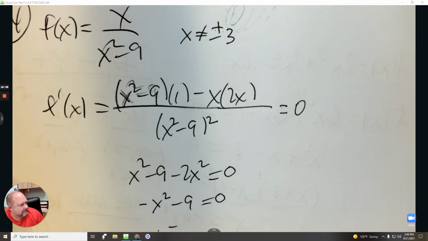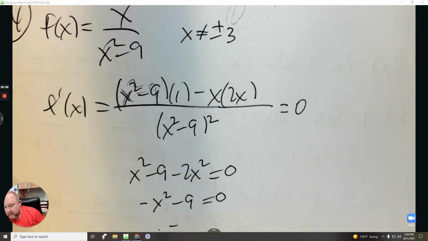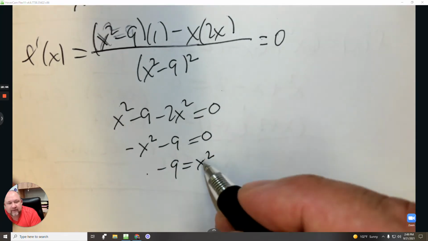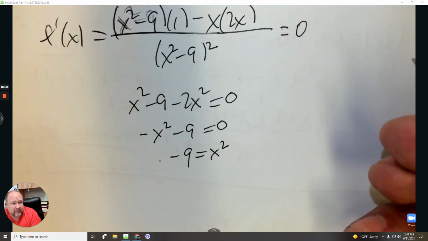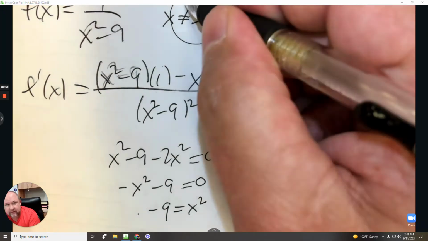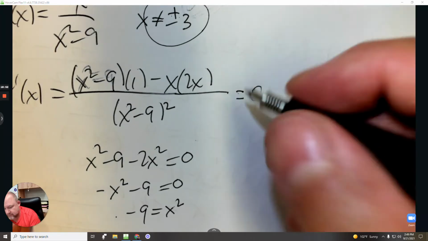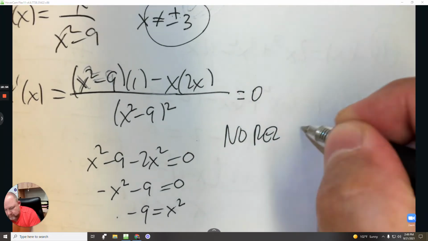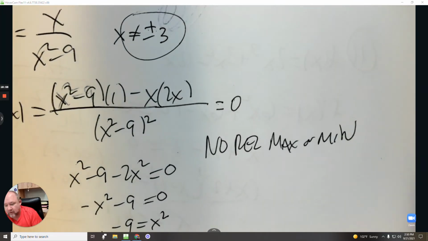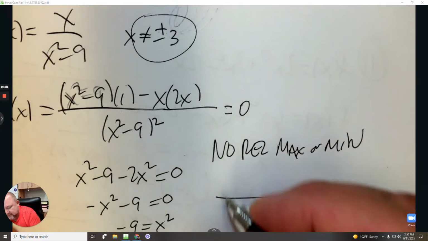Yeah. So if you try to solve this, if you add x squared, this is imaginary, the square root of a negative number. So the only critical numbers are these. There are no turning points. So my only critical numbers are 3 and negative 3.